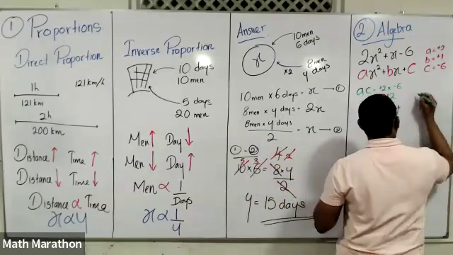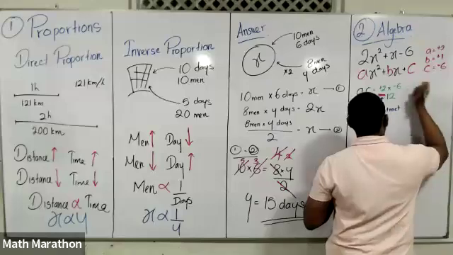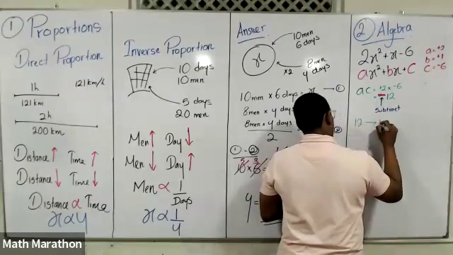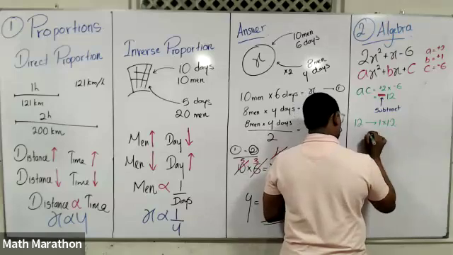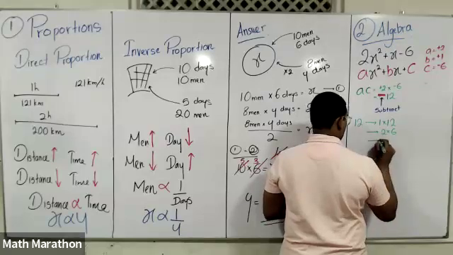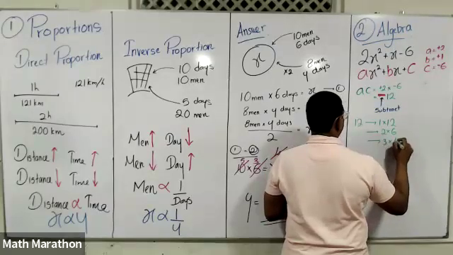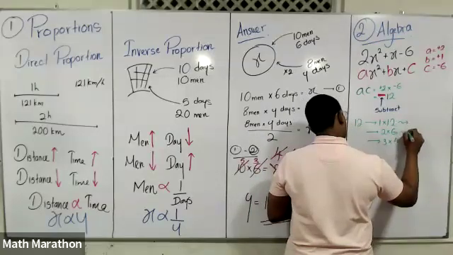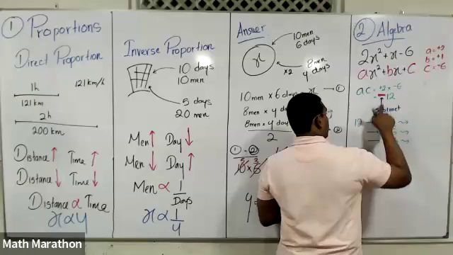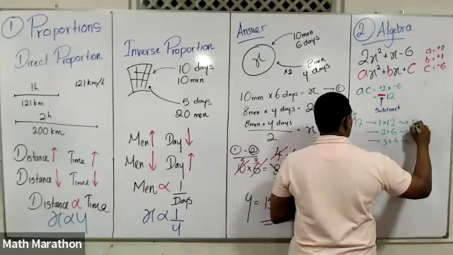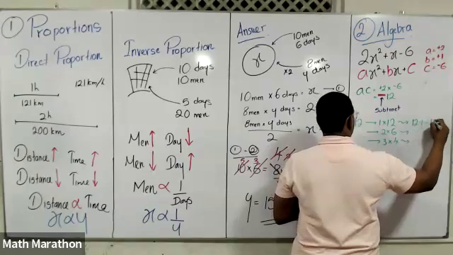Then I will write the factors of 12. 1 into 12. 2 into 6. 3 into 4. Those are the factors. So what did I say? If this is minus here, I need to subtract. 12 minus 1 is 11.